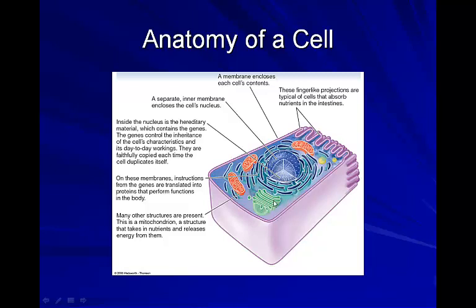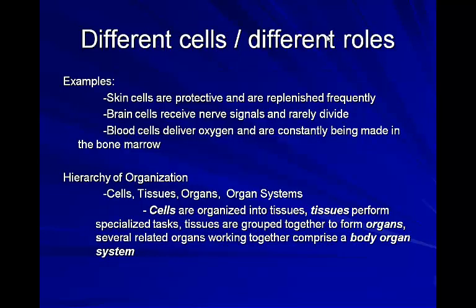You have a Golgi apparatus, you have a mitochondria, endoplasmic reticulum. These all have different roles within the cell, just like the heart, the kidney, the liver, all are organs within your body that specialize. So again, all these basic components of the cell are the same, but cells will look a little bit different depending on what they actually do.